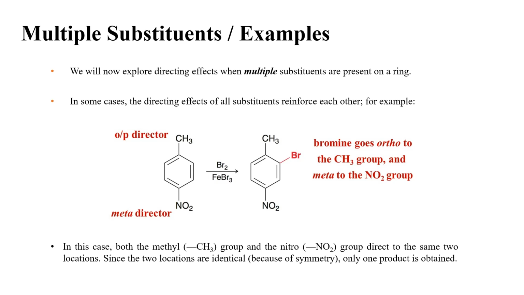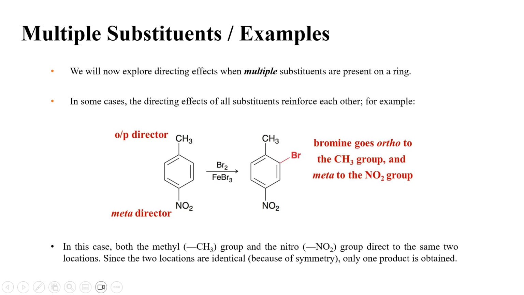The first thing you need to ask yourself is, let's say just looking at the methyl first, what directing effect does the methyl group have? Well, we know that methyl groups are electron donating to the ring, so they're ortho-para directors, right? And a nitro group we saw was a meta-director.